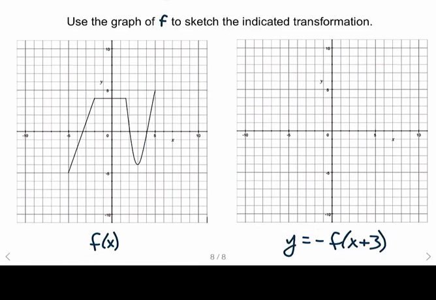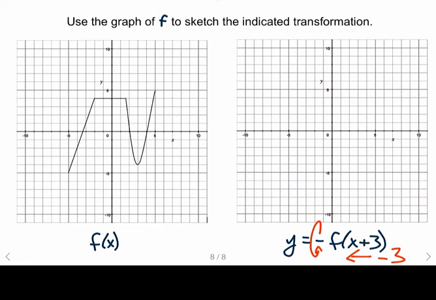Finally, we have used the graph of the same function f to sketch the indicated transformation, but this time it's y equals negative f of x plus 3. Well, the negative is going to be a reflection, so the thing is going to be upside down. And then the f of x plus 3, that's going to shift to the left by 3 units.